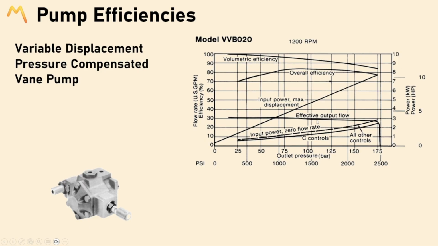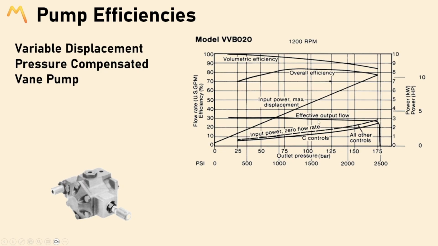If we wanted to know the effective output flow of our pump at various pressures, we could look at this line running along here. So again, our x-axis is just one thing. It's the pressure, either in psi or bar, we can choose.